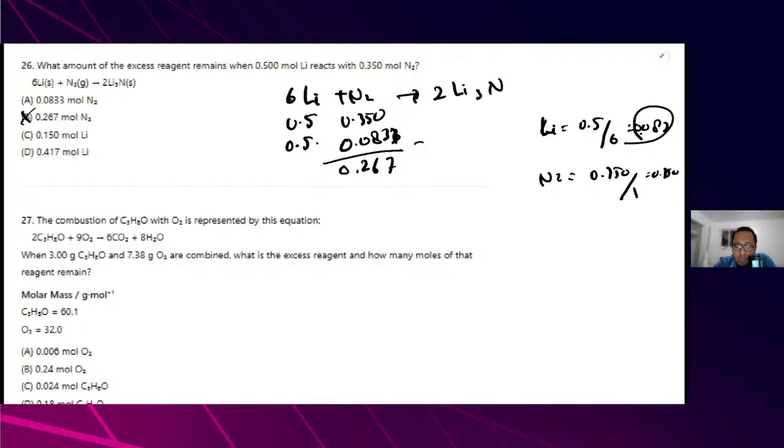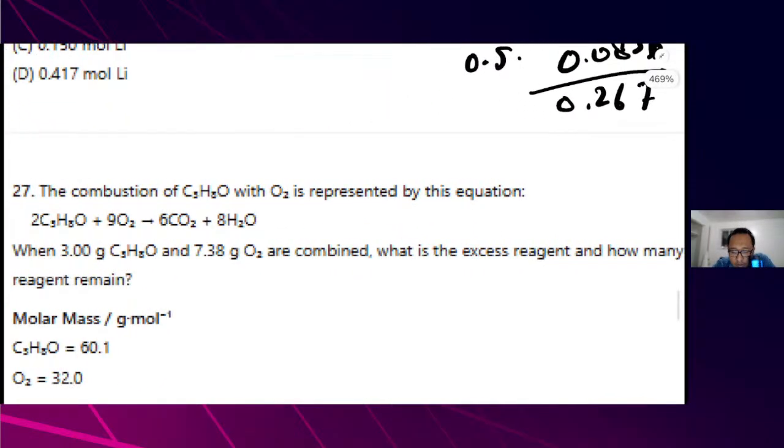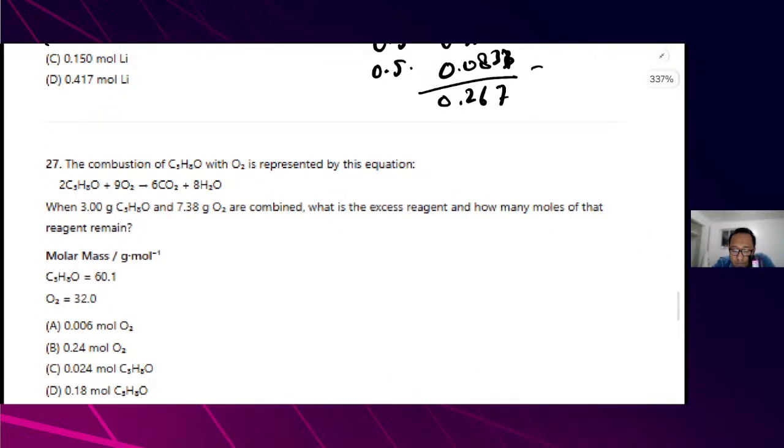All right, now we are moving on to another question. The combustion of C3H8O is a little bit blurry, right? I don't understand why it's blurry. The combustion with O2 is represented by this equation. Hopefully I put in the correct balanced equation.